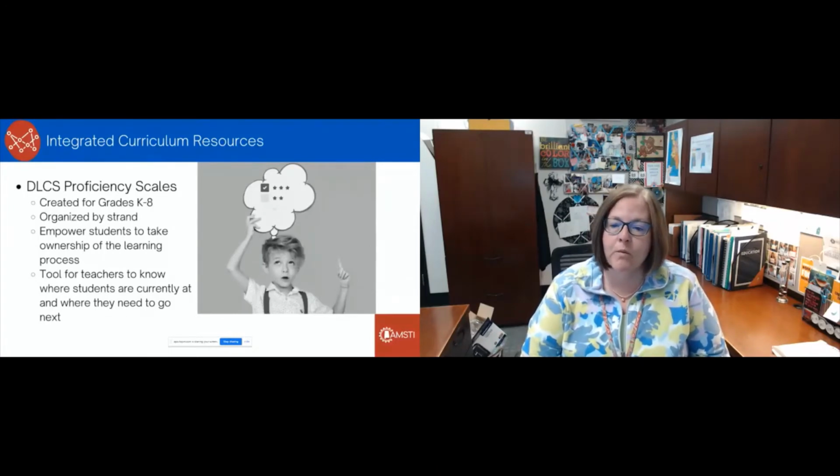If you're not familiar with what proficiency scales are, it takes the standard for whatever grade level and content area you're talking about, and breaks it down into a set of skills across 4 levels, with level 3 being on-grade-level content. So if we're talking specifically about DLCS, what skills in each standard do students need to know and be able to do at grade level?